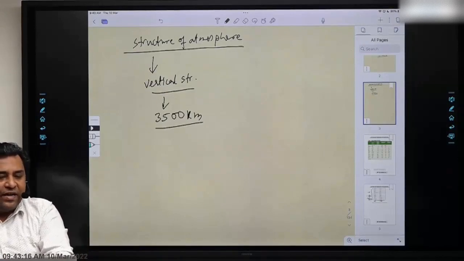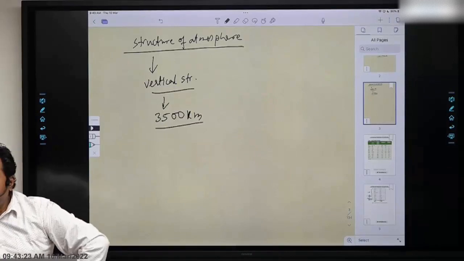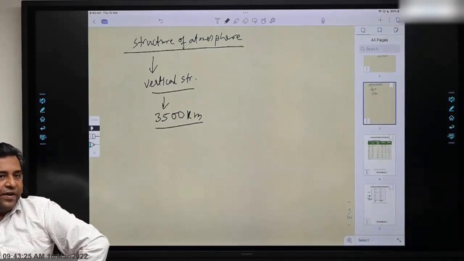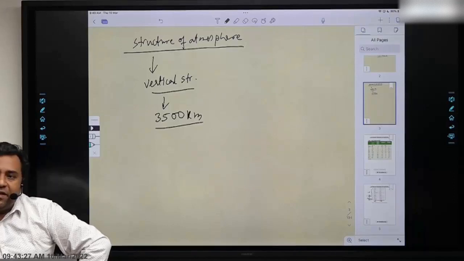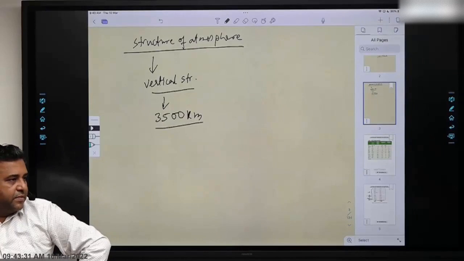So we find gases almost up to this height. Okay, so technically the atmosphere is up to this height.